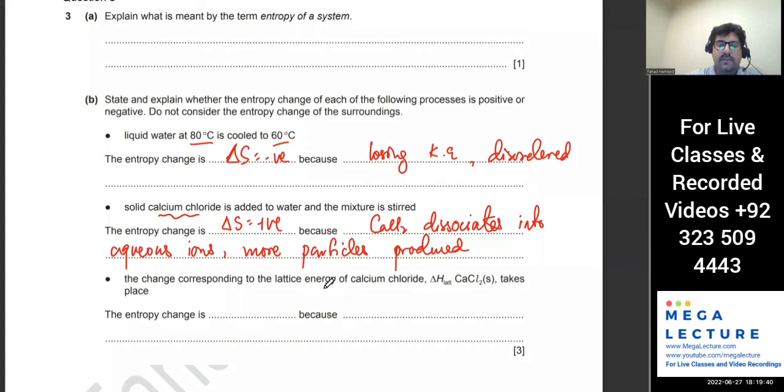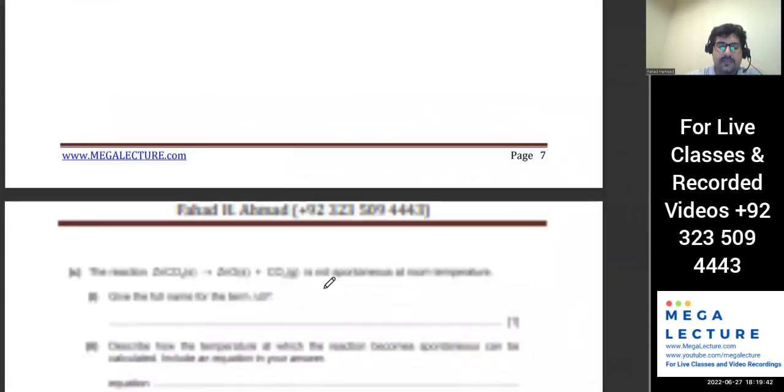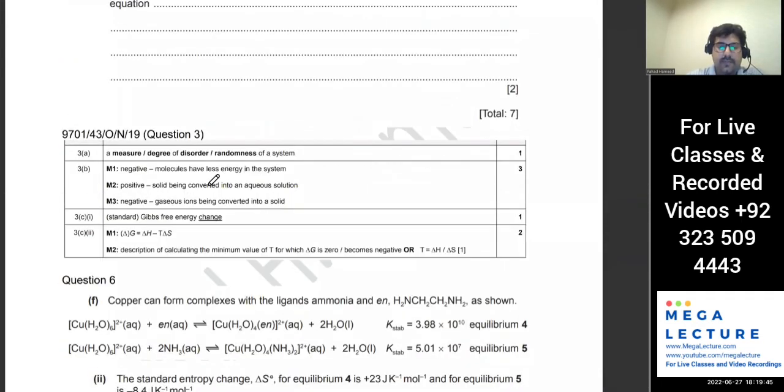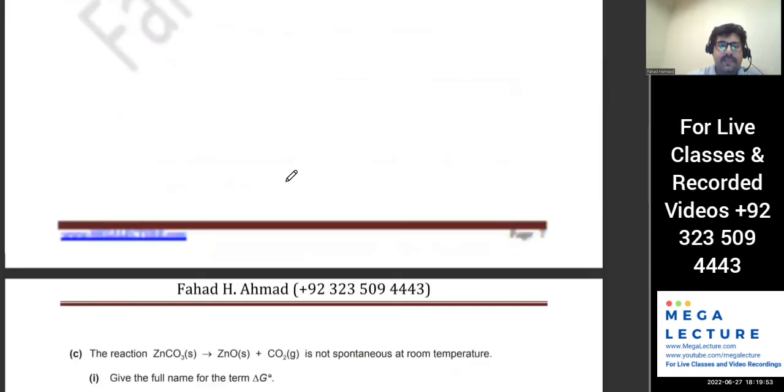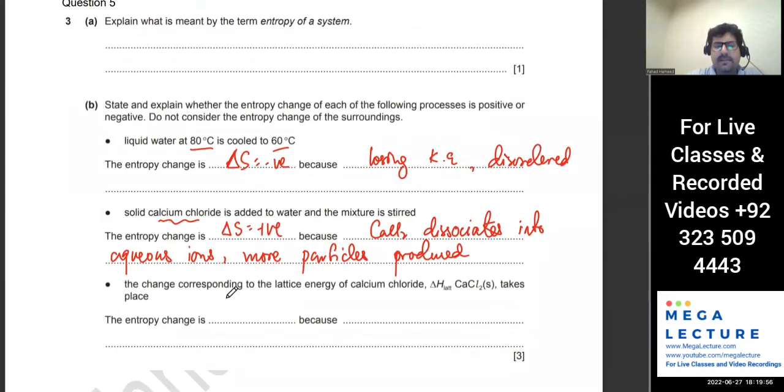I'll just take the reasoning for that. They just gave a general reasoning, which is that a solid is being converted into an aqueous solution. So we gave a more in-depth reasoning. This one is a better reasoning.